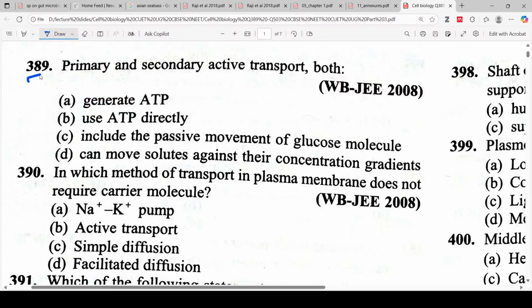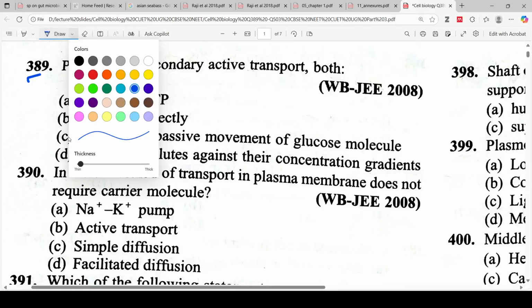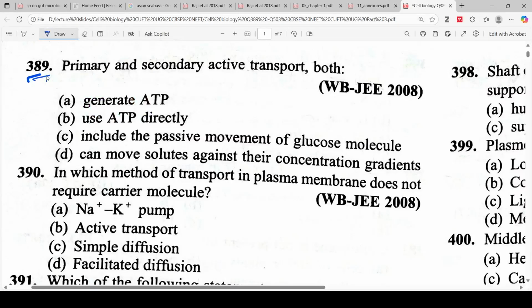First question, 389. The primary and secondary active transport both: Option A, generate energy, generate ATP, use ATP directly.